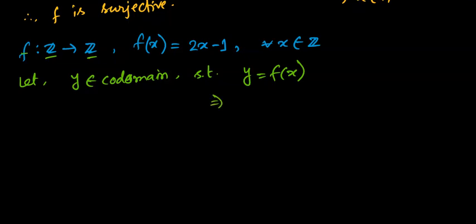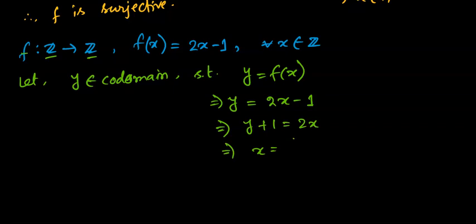So y equal to, what is f(x)? 2x minus 1. So from here we get y plus 1 equal to 2x and x equal to (y plus 1) by 2.